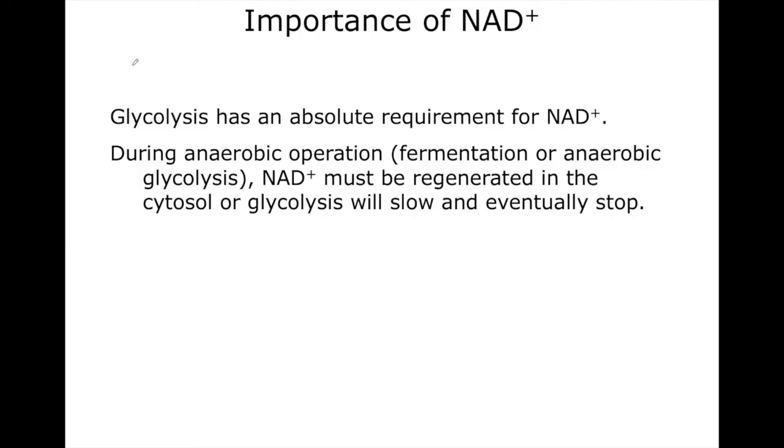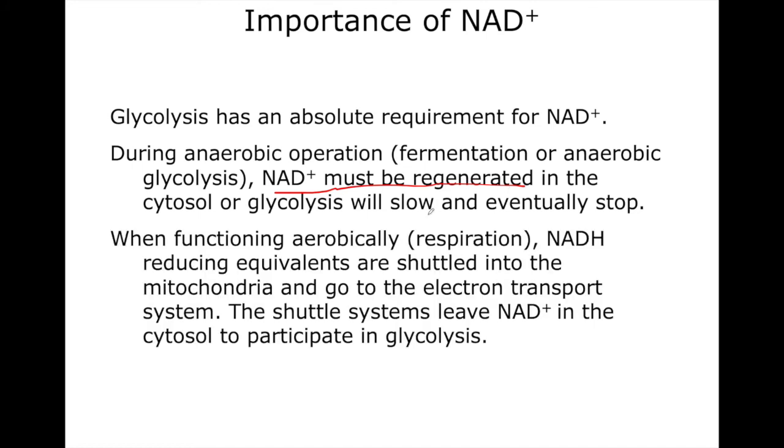So we said that glycolysis has an absolute requirement for NAD+. During anaerobic operations, such as fermentation or anaerobic glycolysis, NAD+ must be regenerated in the cytosol, or glycolysis will slow or stop. Now, under aerobic conditions, when oxygen is present, this is not a big problem because, as we said, pyruvate ultimately goes through the citric acid cycle and the electron transport chain, and the electron transport chain, which we'll talk about again a little later, is very effective at regenerating that NAD+.